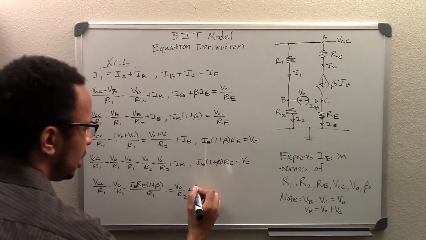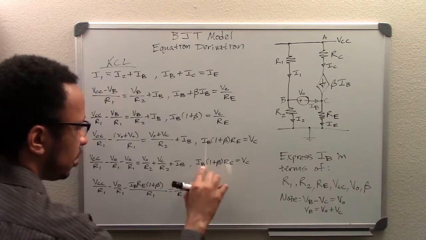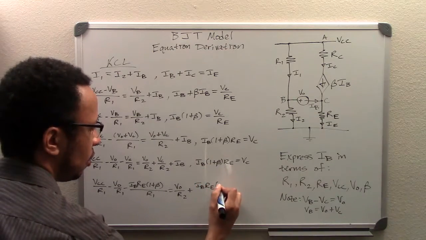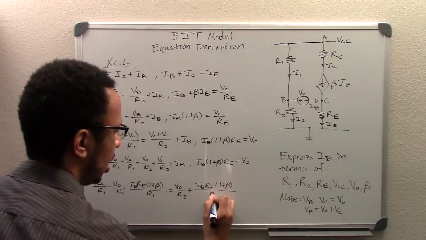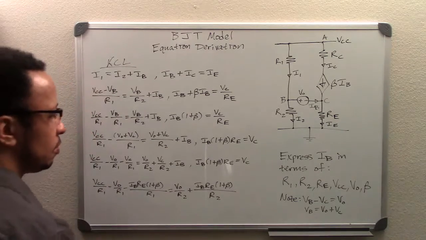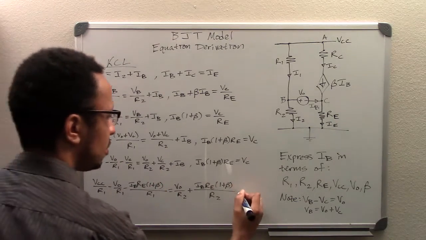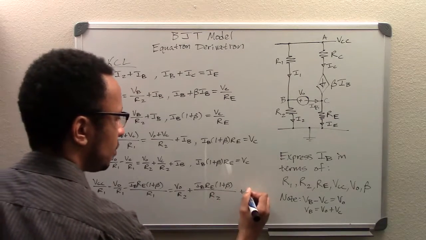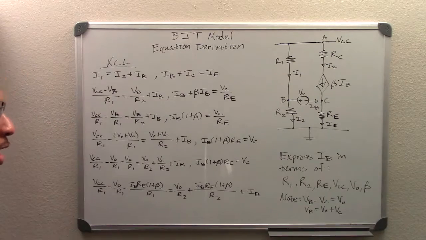What is VC? It's IB RE times 1 plus beta, over R2, plus IB. And thus far, this is what we have.